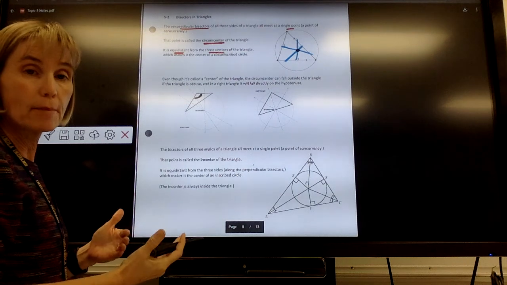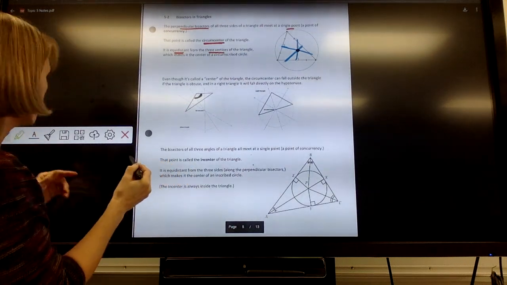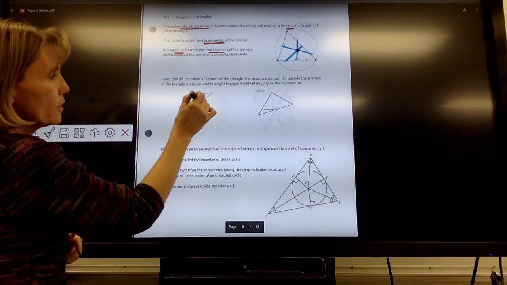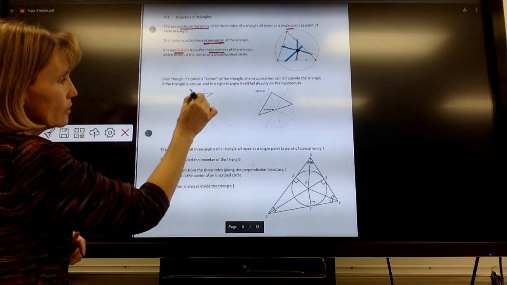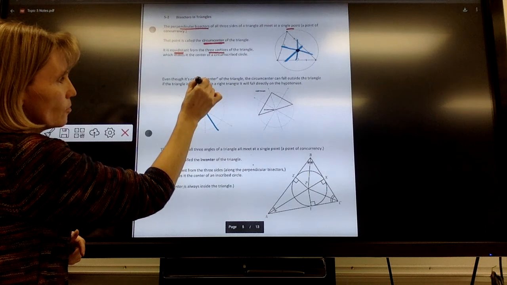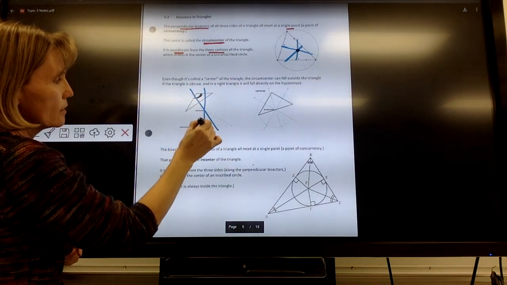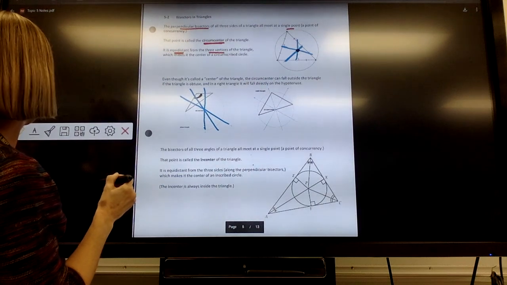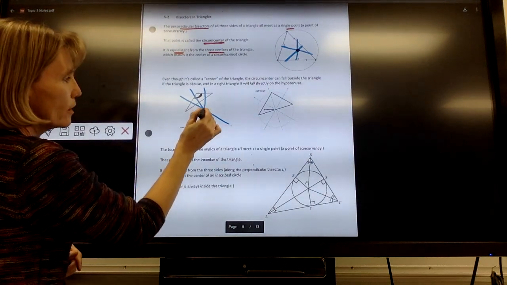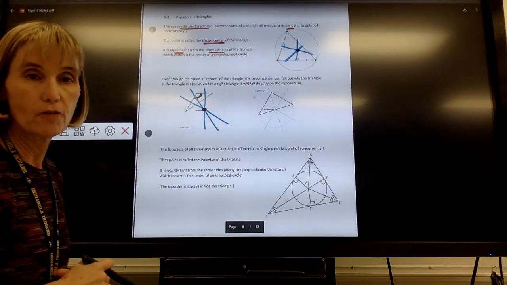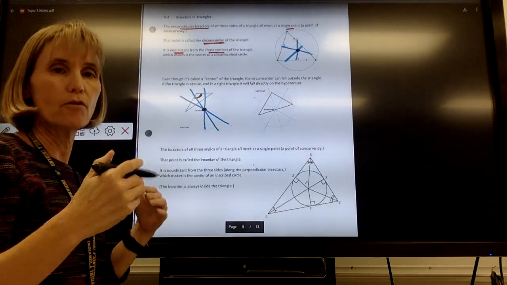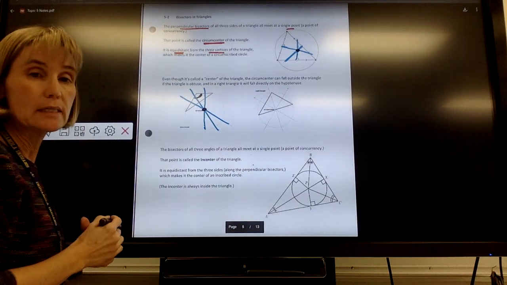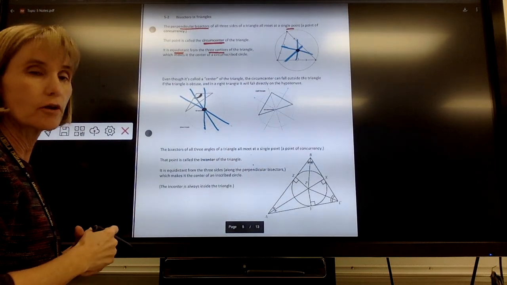If the triangle happens to be obtuse, when you draw in those perpendicular bisectors, these are going to be your perpendicular bisectors of the three sides. That circumcenter is actually occurring outside of the triangle itself. So even though we call it the center of the triangle, it doesn't always have to be inside or the interior of the triangle.